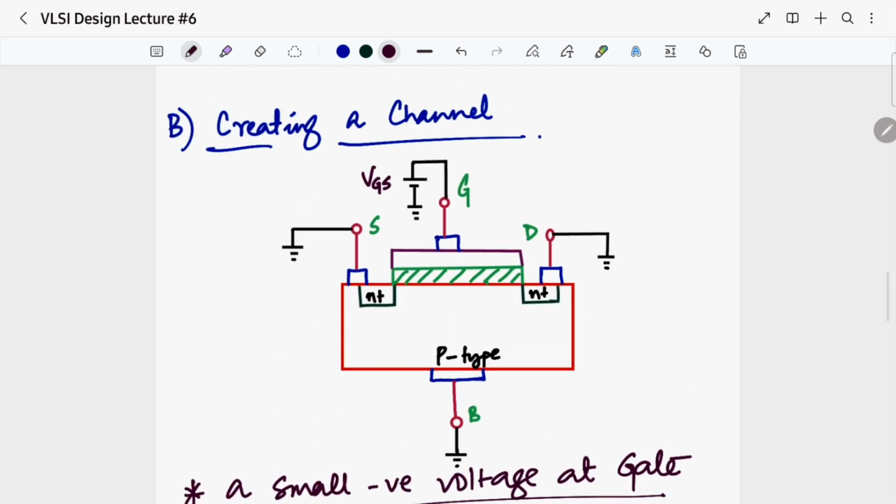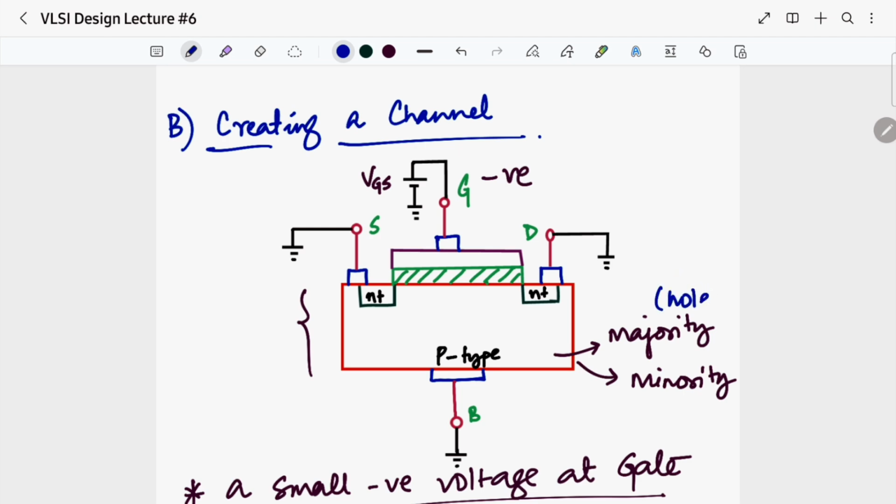So if I am giving a negative voltage at gate, now gate is on top of this p-type substrate, isn't it? P-type substrate means majority carriers will be there and minority carriers will also be there. What is the majority carrier of p-type? Holes.